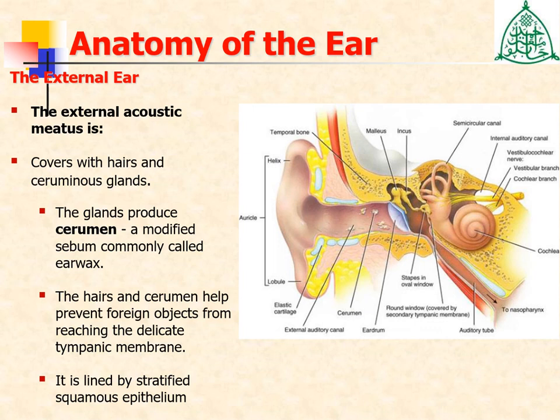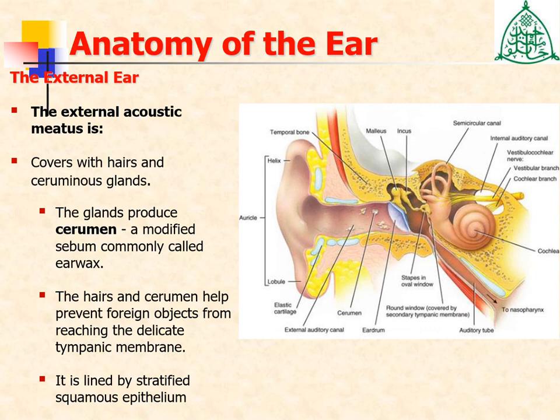These areas of the external acoustic meatus are covered with hairs and some glands called ceruminous glands. These glands produce what we call cerumen. This cerumen is a modified sebum, commonly called ear wax. The hair and the cerumen prevent foreign objects from reaching the delicate tympanic membrane.